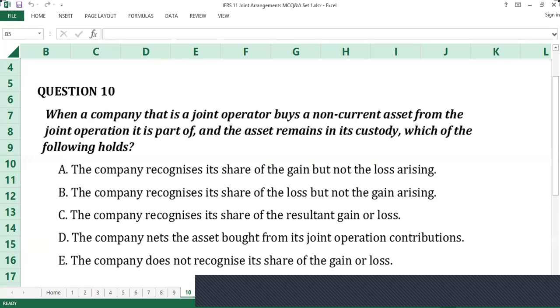B, the company recognizes its share of the loss, but not the gain arising. C, the company recognizes its share of the resultant gain or loss. D, the company nets the asset bought from its joint operation contributions. E, the company does not recognize its share of the gain or loss. Time counts.